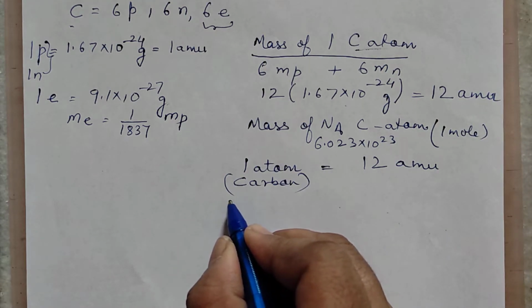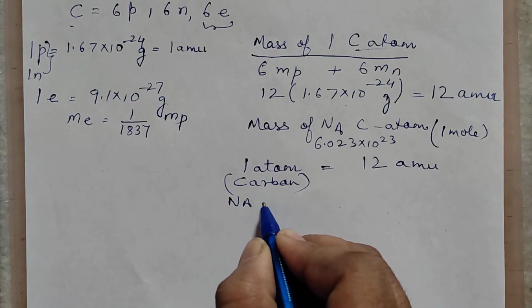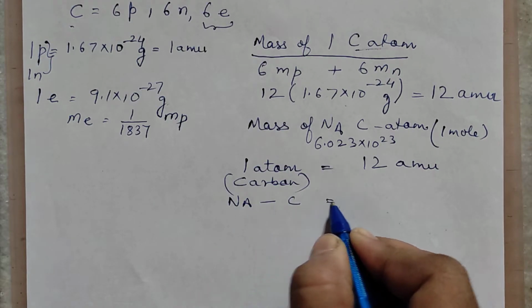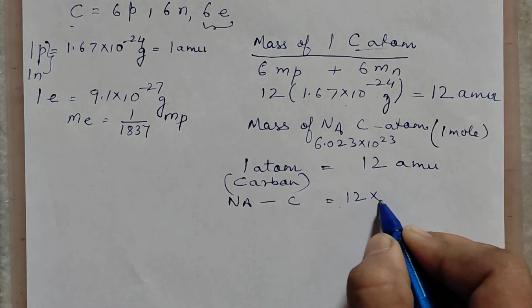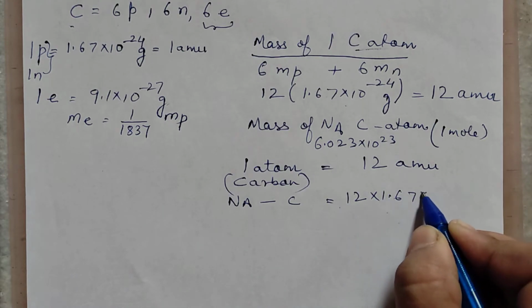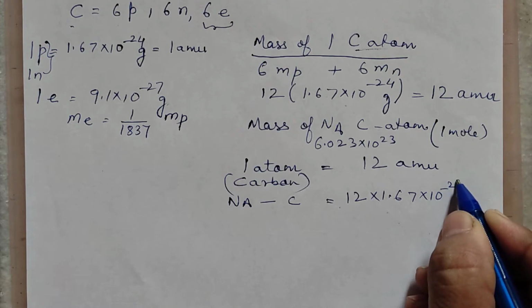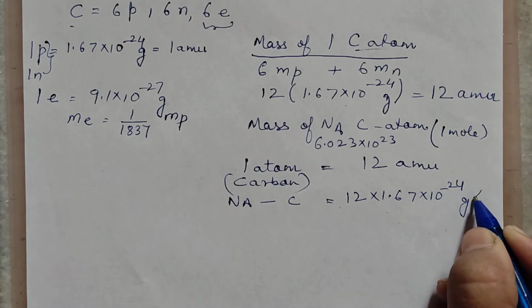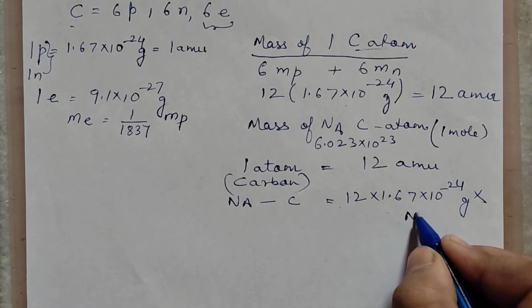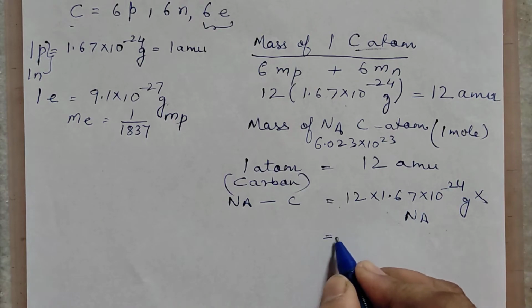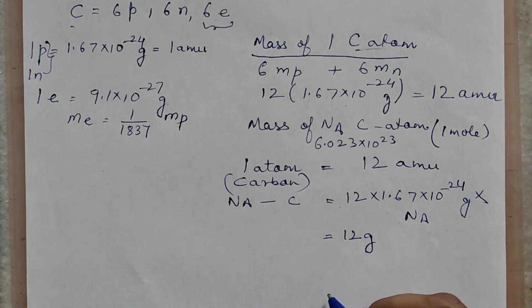So that means we will be writing down the mass of Na carbon atoms. The mass will be 12 into 1.67 into 10 to the power minus 24 grams multiplied by Na also. So when you solve this, it comes out to be 12 grams.